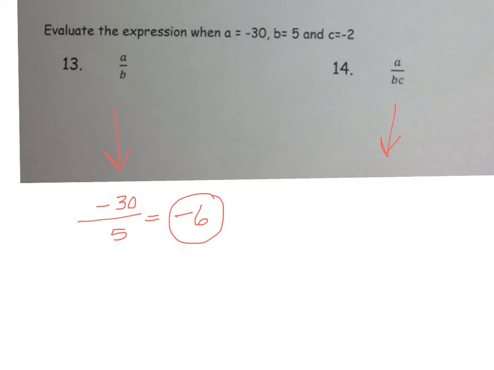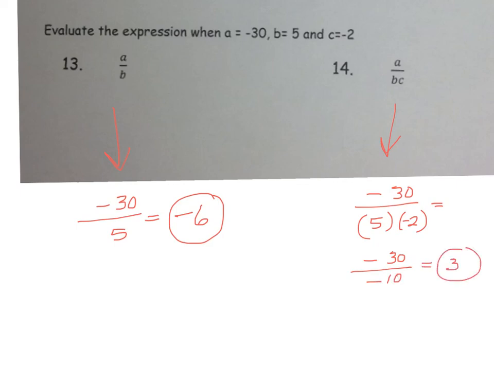Pause. So when you substitute in, here's your result. Fraction bar is a grouping symbol in order of operations. So we have negative 30 divided by negative 10, which is 3. And that is the end of our video. And I will see you tomorrow in class.